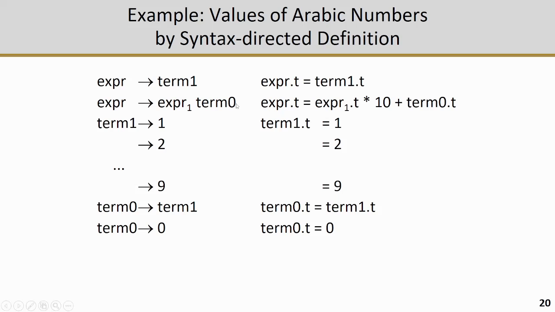Okay, and when we place a digit next to an already available number, on the right hand side, then the number on the left hand side has to be multiplied by 10 to have its correct value with an additional digit, and then add the value of the digit.